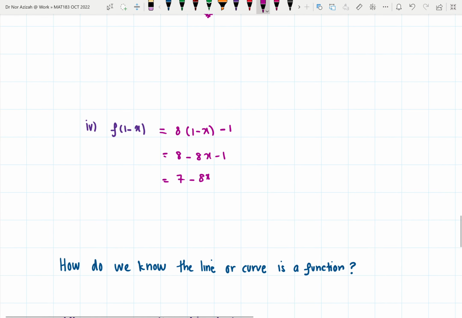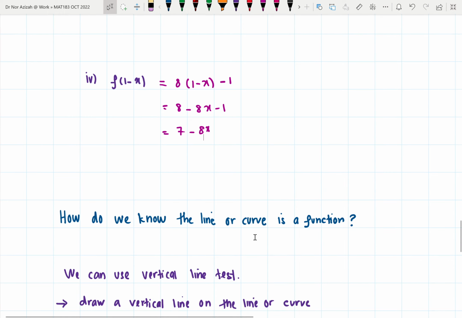Next, how do we know whether a line or curve is a function? Before this, you know a function by using mapping or image relation, input, output, or object to image. If you have a line or curve, then you need to identify based on the graph whether it is a function.